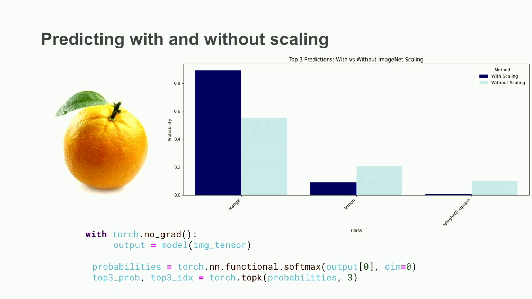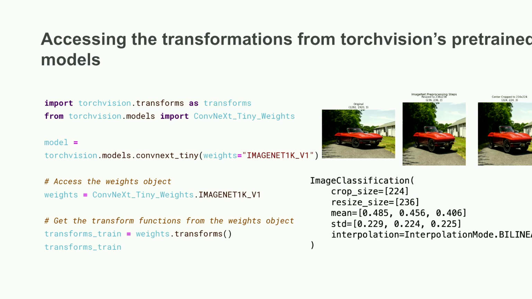Without scaling, the confidence drops to 0.5. And the incorrect classes gain some probability mass. The code shows the inference process. We just disable gradients, pass the image through the model, apply softmax to get the probabilities, and then extract the top 3 predictions. This demonstrates why using the correct normalization statistics is important for pre-trained models.